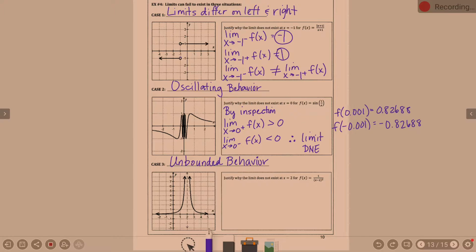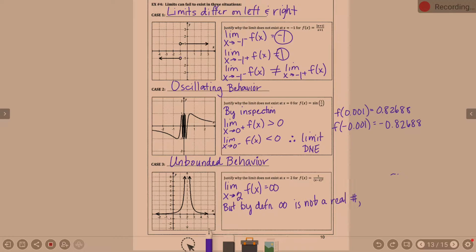Now, how do I want to write this? Is a really good question, because I don't know what I want to write here. I mean, you can look and talk about the fact it's infinity from both ways. But the limit as x approaches 2 of f of x is infinity. But by definition, infinity is not a real number.